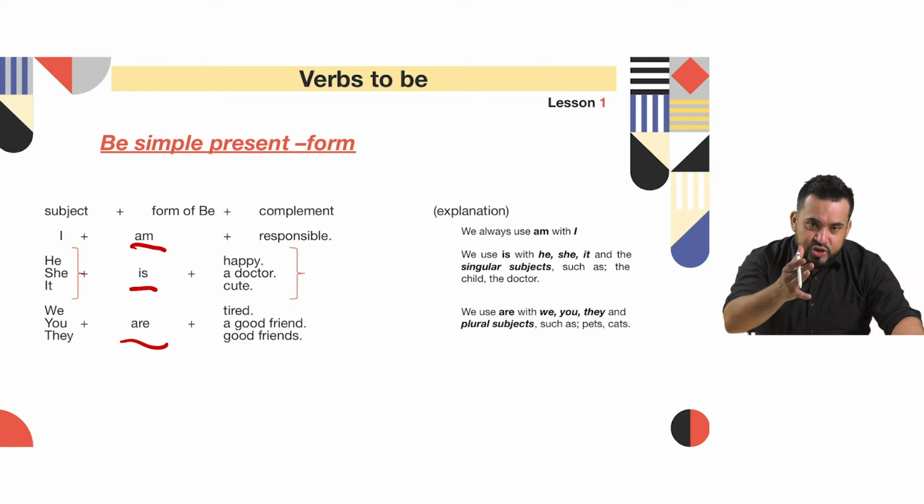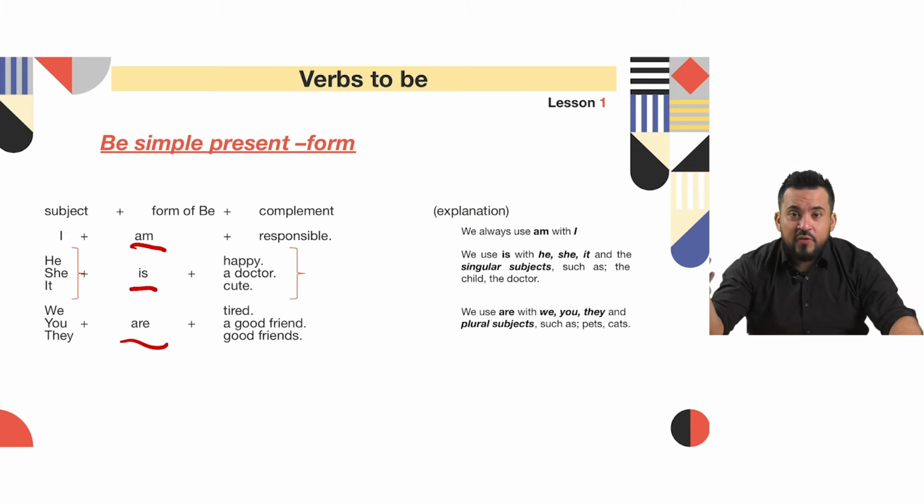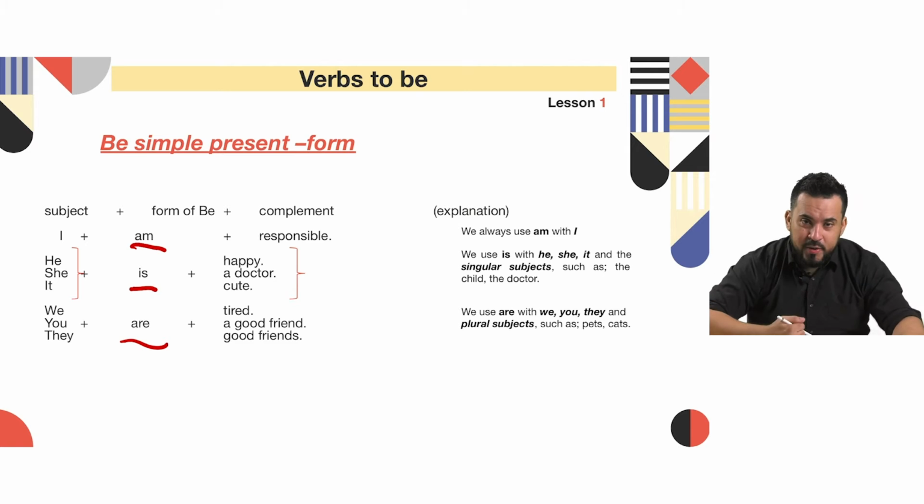Now, a subject, which is I, you, we, they, he, she, it, is followed by a form of the verb to be, am, is, or are, followed by a complement. Let's see. I am responsible. Okay, this describes me as a person. He is happy. She is a doctor.